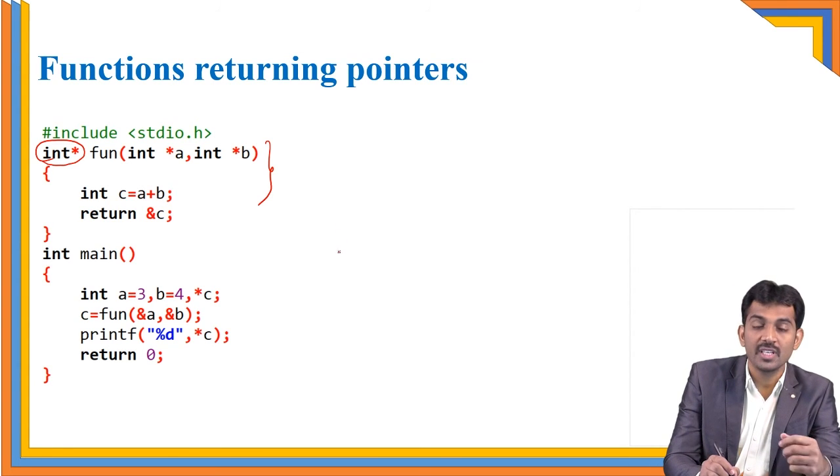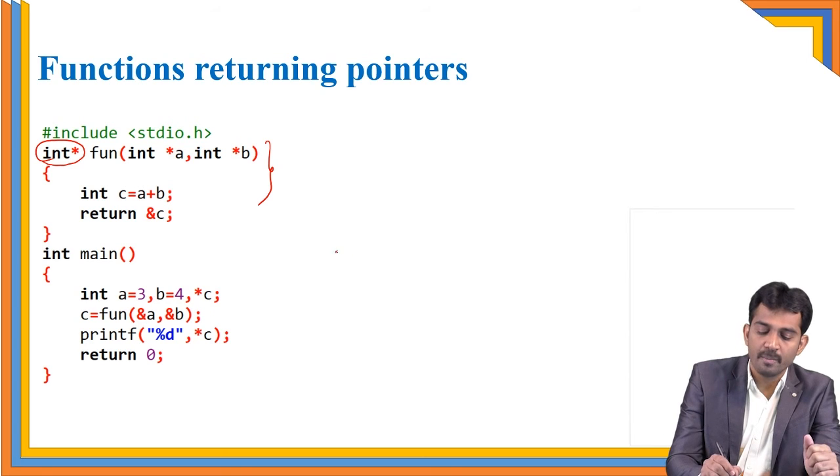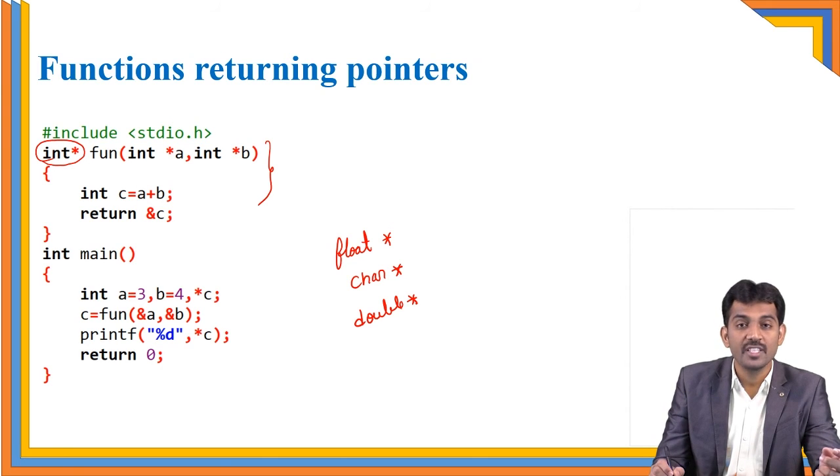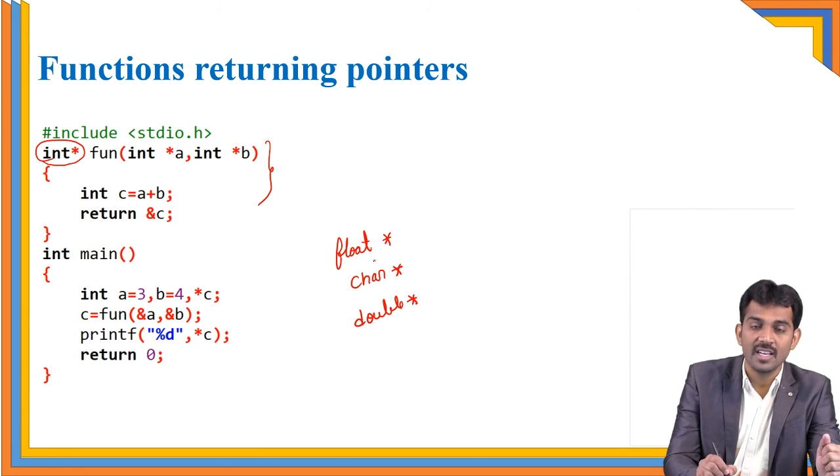For example, if you want to return a float, you use float star. If a character, char star. Double means double star. What type of data are you going to return? An address. If you return a float data address, then you should use float star.